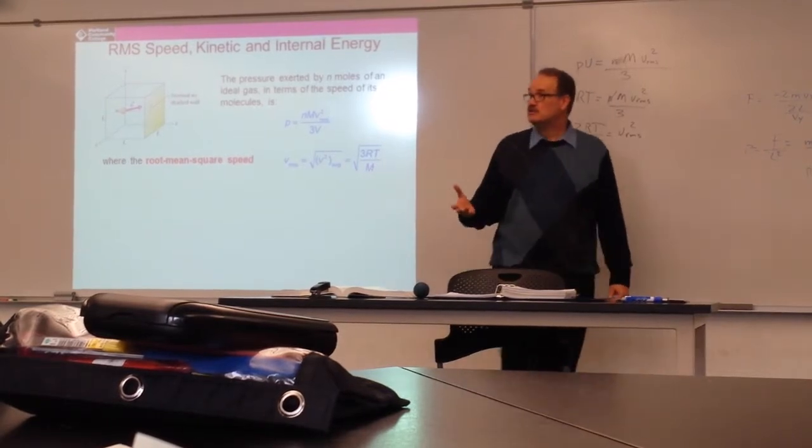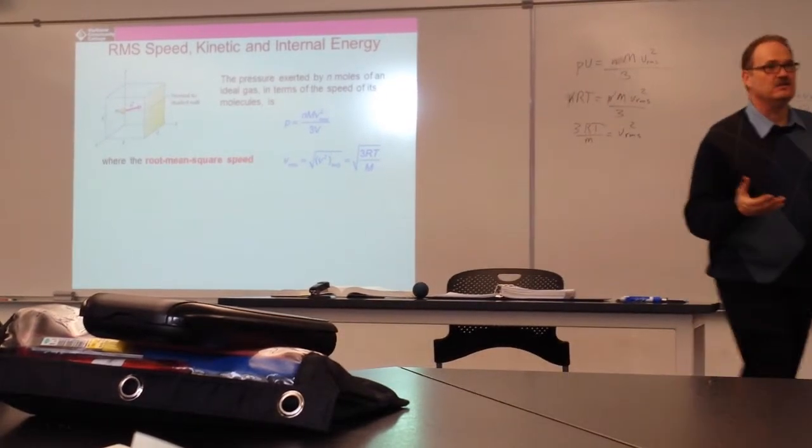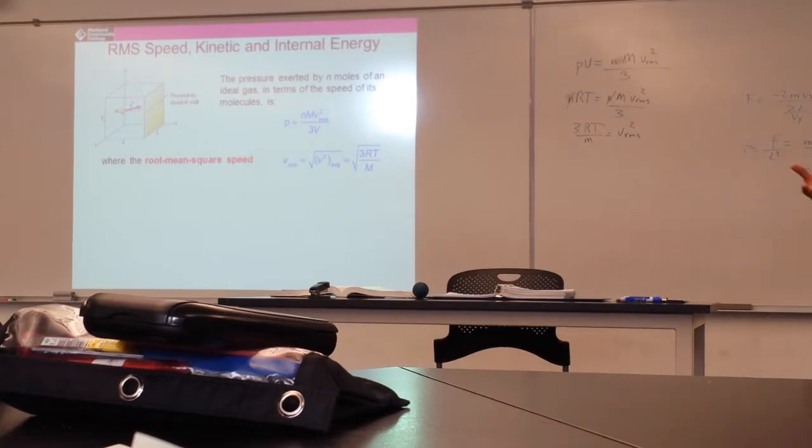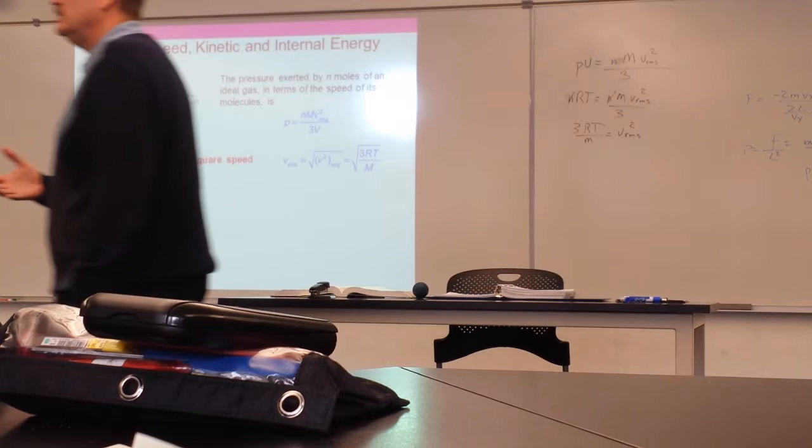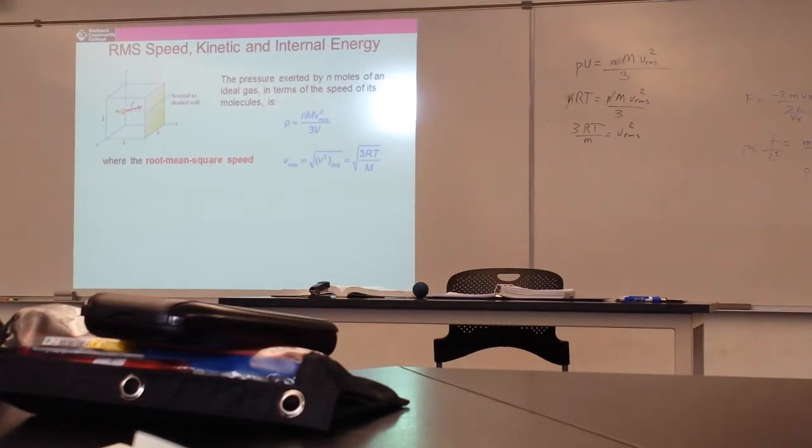The higher the temperature, the faster the molecules are going. That makes sense. And the faster the molecules are going, the greater the temperature of the gas. So now I've connected temperature, a macroscopic property, to the speed at which the molecules are moving in the gas. So temperature and speed are related.